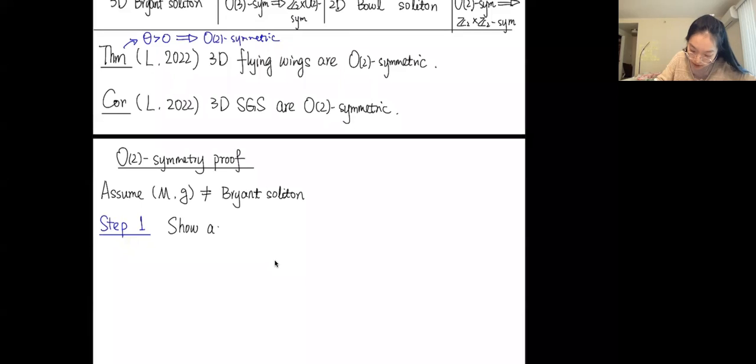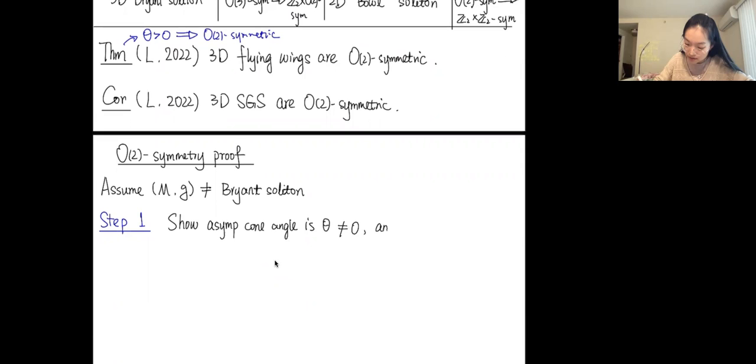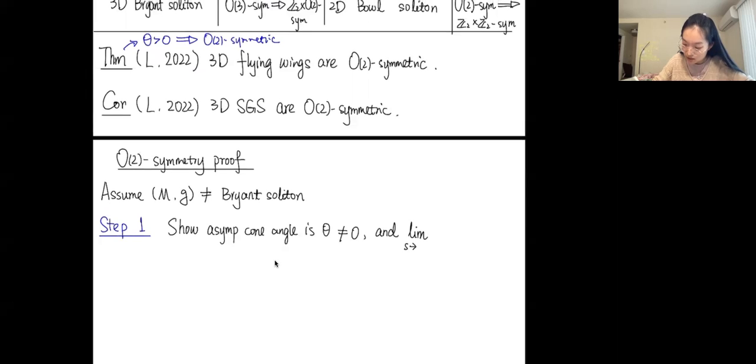We show that its asymptotic cone angle is theta, which is not equal to 0. In other words, if it is not a Bryant soliton, it must be a flying wing. Not only that, we can also show that the scalar curvature has a positive limit at infinity if we go along the right direction.